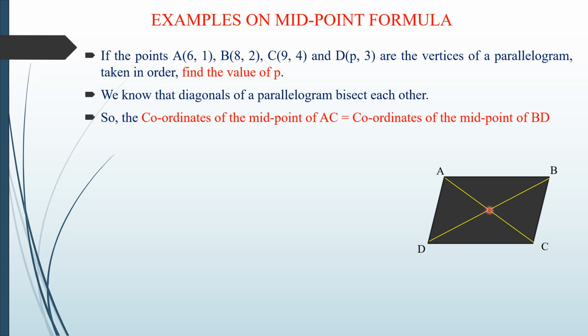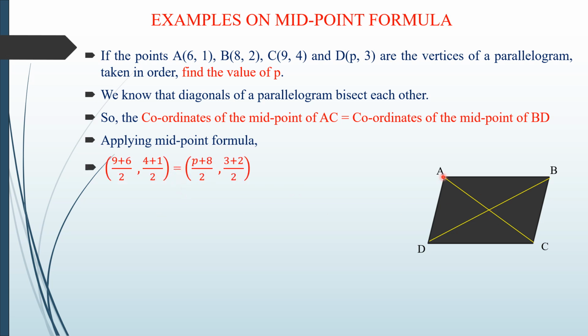We can see here this is one point that is dividing both these lines exactly in halves. Therefore, applying the midpoint formula, for AC, (x1 plus x2) by 2 and (y1 plus y2) by 2. Similarly, for BD, (x1 plus x2) by 2 and (y1 plus y2) by 2.